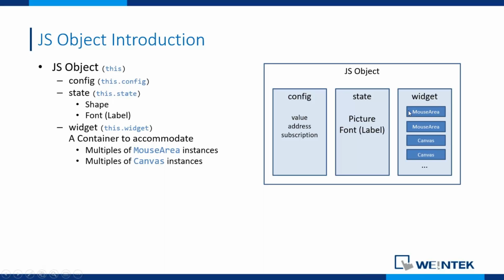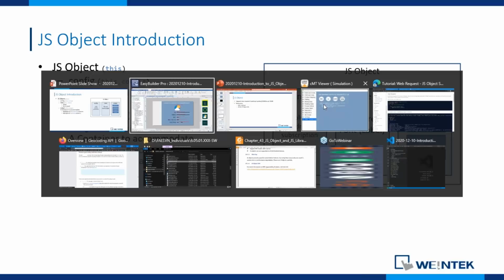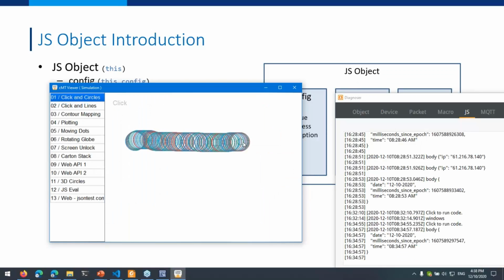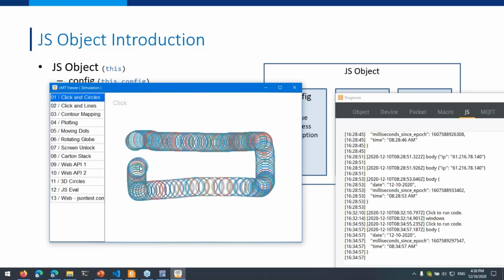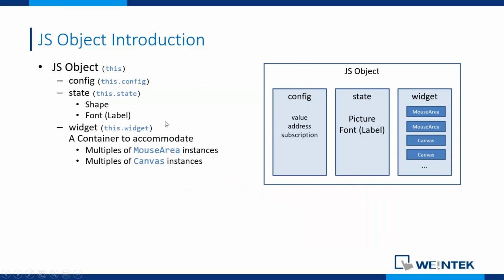So mouse area will be used to detect a touch or a mouse move, just like the one I show here. What I have here is a mouse area and a canvas that I draw the circles on. Okay, so those are the three major components for a JavaScript object.